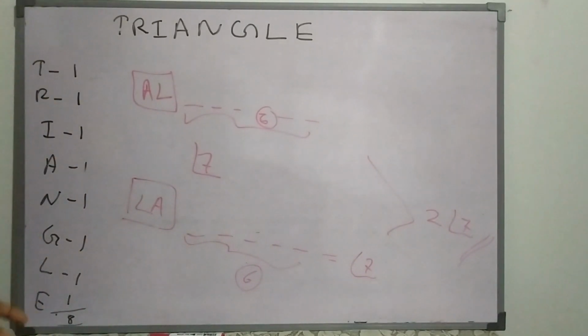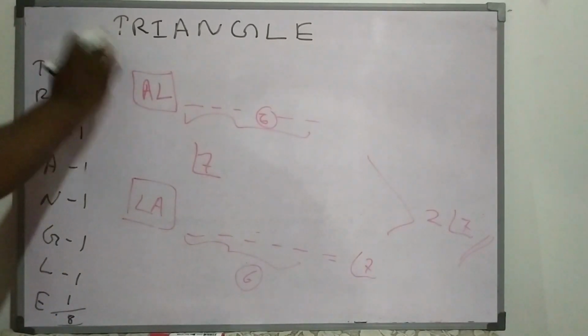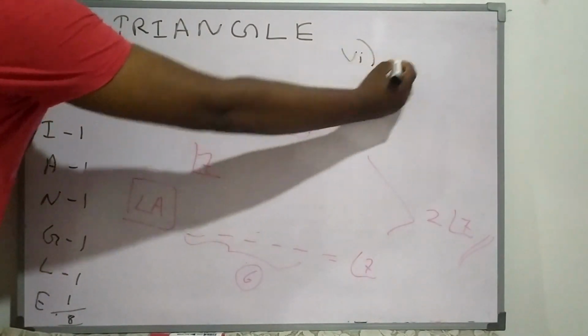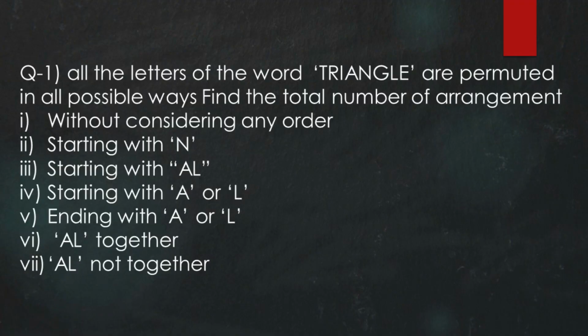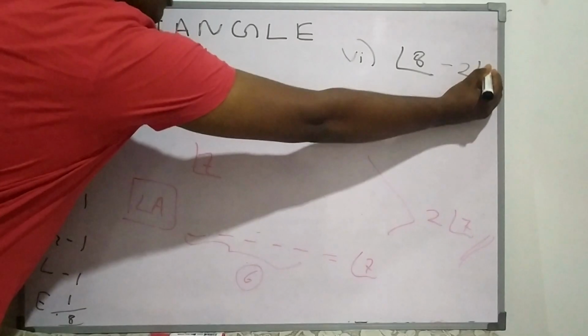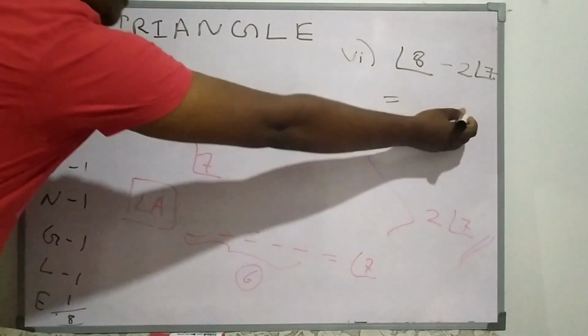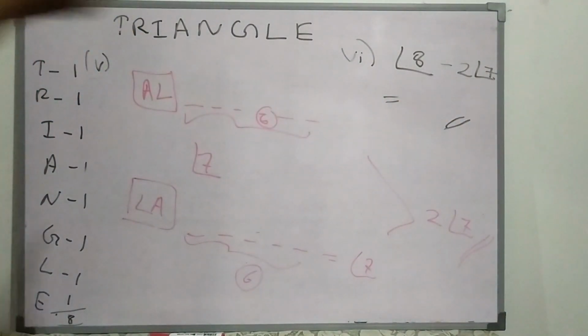Right. So the next Roman number, this is the 5th one: AL not together. AL not together means you have to remove the AL together case from the first Roman number. The first Roman number is all letters using factorial 8, and AL together is 2 factorial 7.